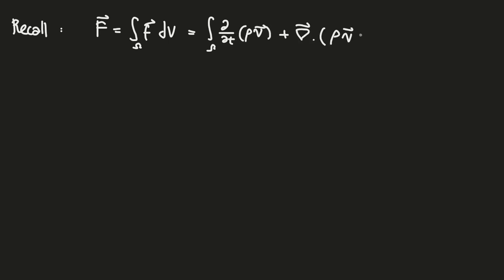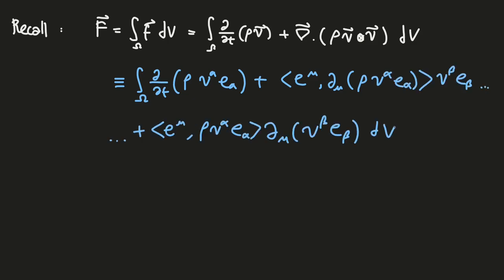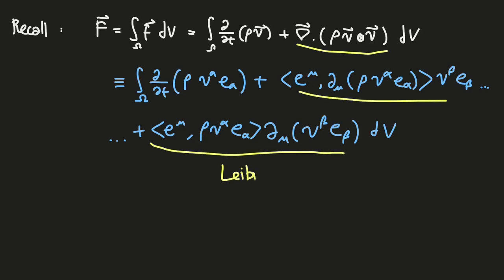Here, we recall the force F for a continuum body in region omega is this integral, which by Einstein notation is equivalent to another integral. For the second term in the first equality and the second and third term in the equivalent integral here, the Leibniz rule stays the same, which is the Leibniz rule for the nabla operator or, in general, the covariant derivative, as in the previous video.